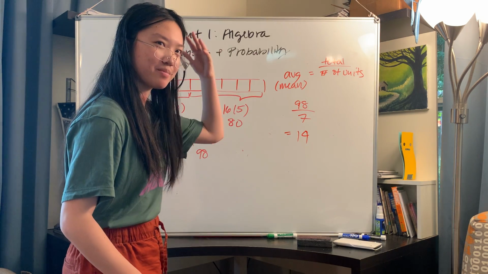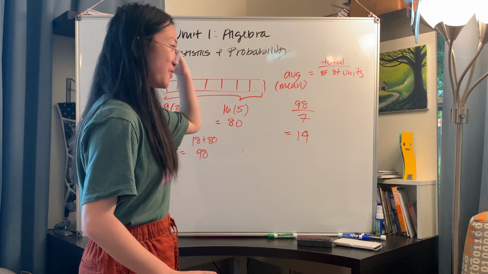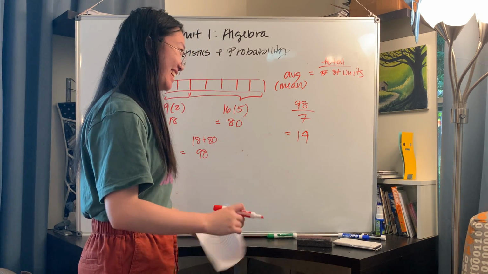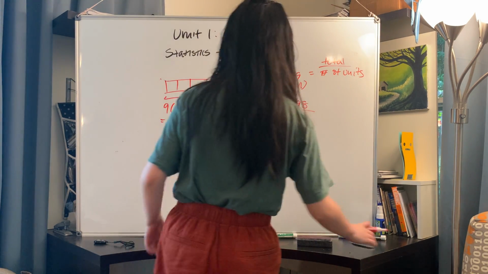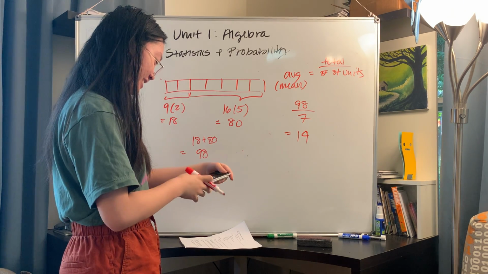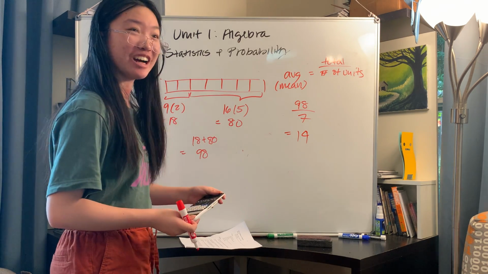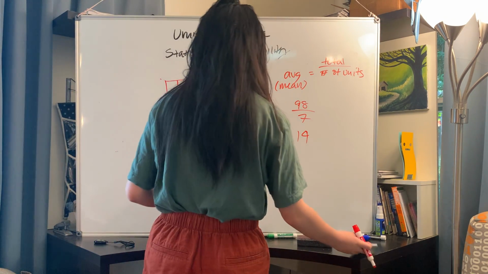I feel like I'm having a mental brain freeze. Yeah, okay, wait. 14 times 7 is equal to 98, right? Quick verification because I am unsure about my calculation skills right now. 14 times 7 is equal to 98. Okay, cool. So that's how we solve the last problem.